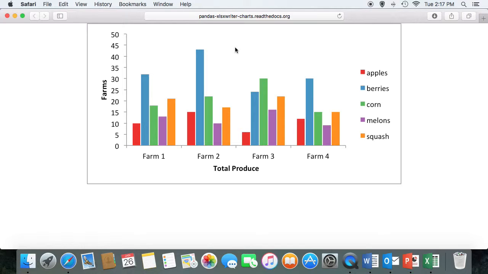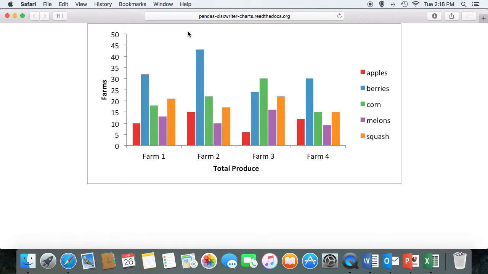That's right, a title. What's the graph about? It took me a little bit of time to figure out about the type of farm and the produce. Trying to interpret those x and y axes is difficult unless the graph has a heading.